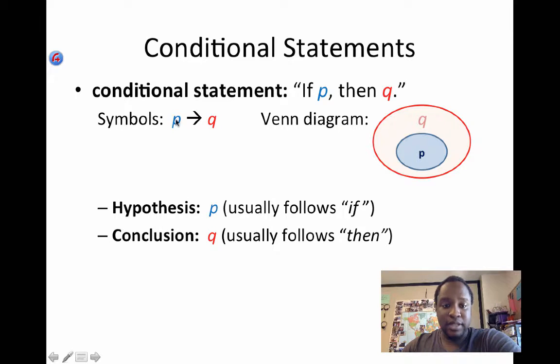So it's like if hypothesis, then conclusion. And the conclusion typically follows after the then statement.